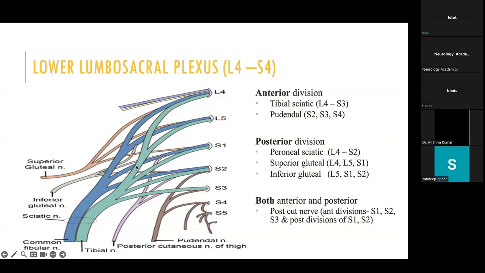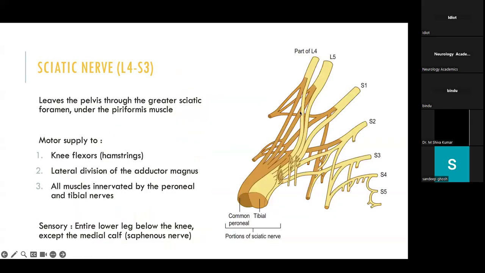Posterior divisions give rise to the superior gluteal nerve, inferior gluteal nerve, and also the peroneal part of the sciatic nerve. From both the anterior and posterior divisions, the posterior cutaneous nerve arises. The sciatic nerve, after formation by both tibial and common peroneal combined, leaves the pelvis through the greater sciatic foramen under the piriformis muscle.